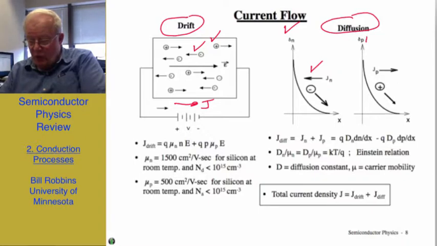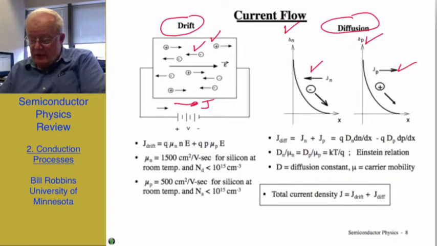If we have excess holes that have a density gradient, holes will diffuse down the density gradient, and that will constitute a current flow in the direction of the downward sloping density gradient. If we combine these two terms, the total current due to diffusion is due to the two terms.